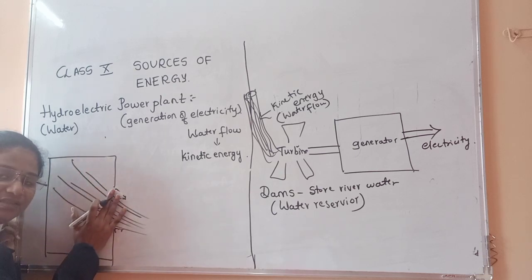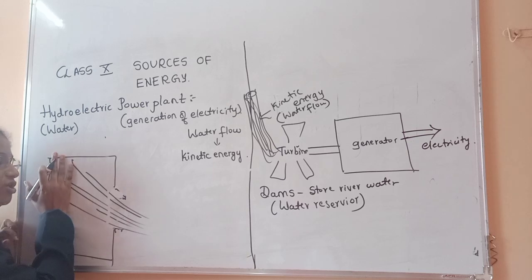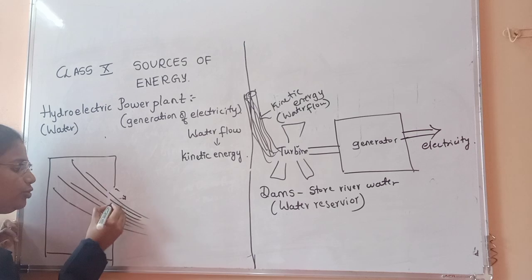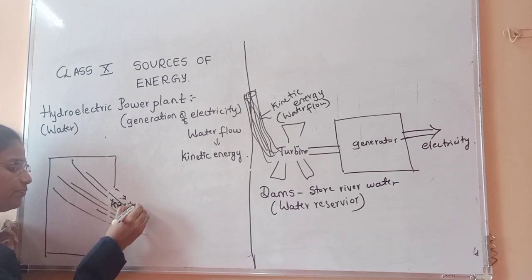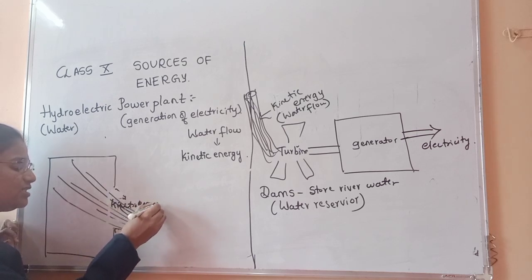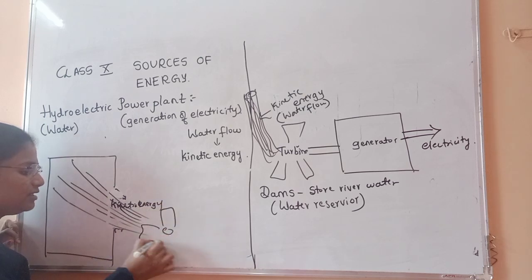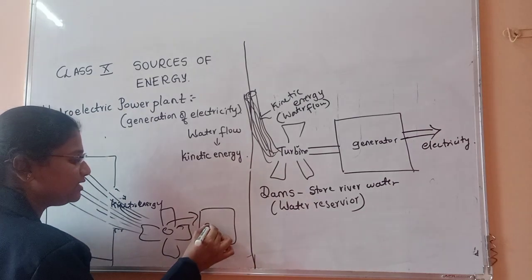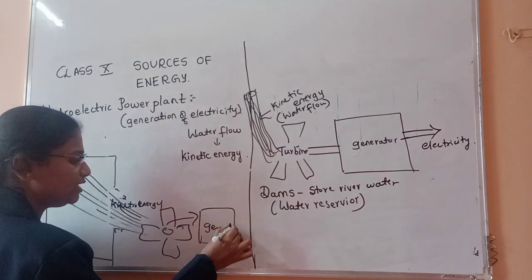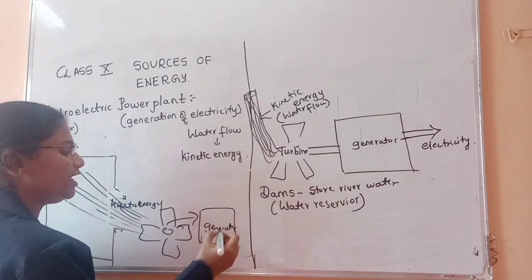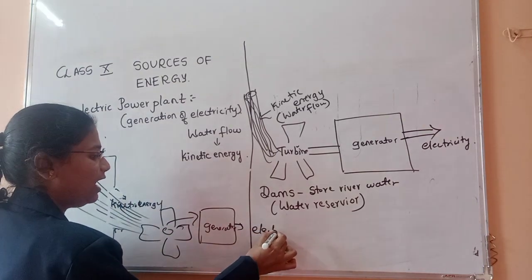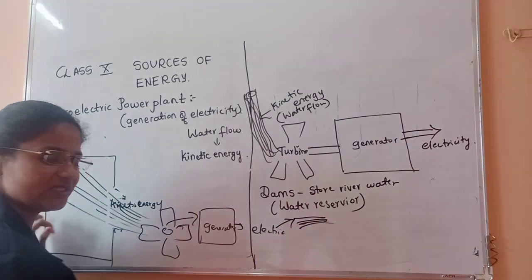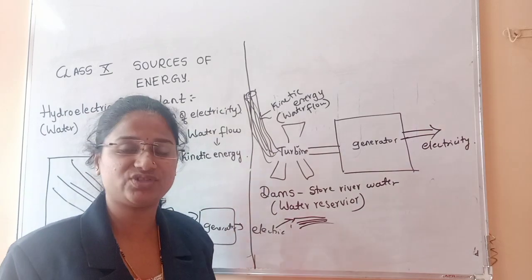But when we open the gate, the water flows, and immediately the potential energy is converted into kinetic energy. This kinetic energy helps the turbine rotate, which makes the coil inside the generator rotate to give out electric current. The electricity formed is connected to the electric lines.